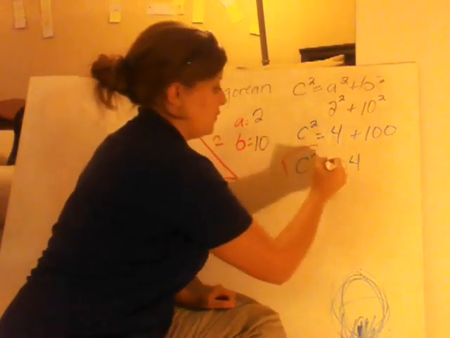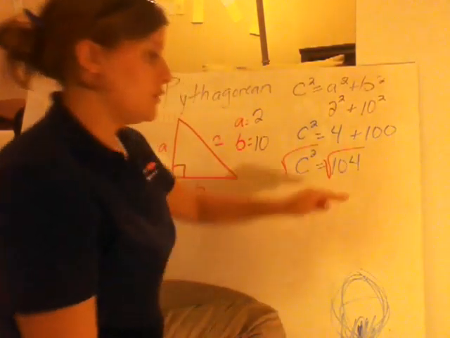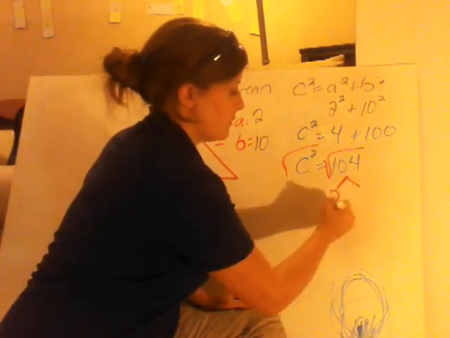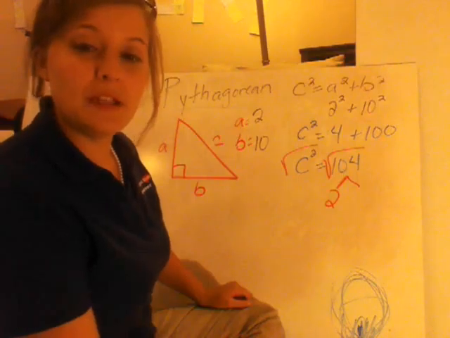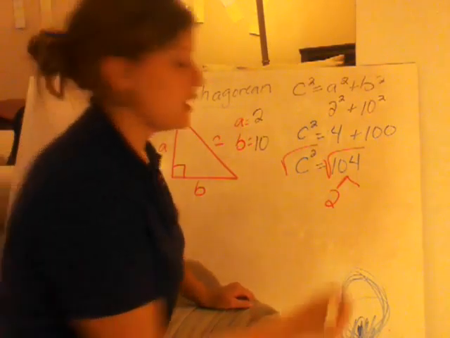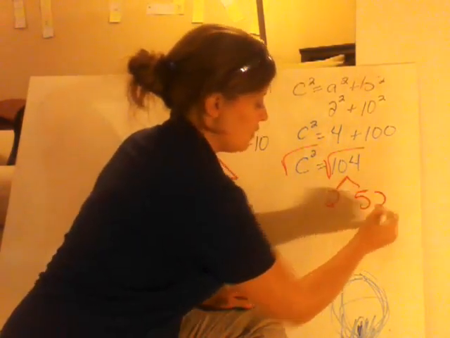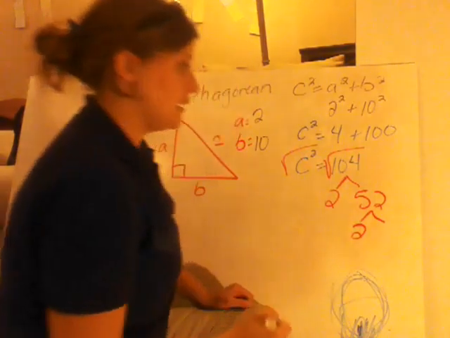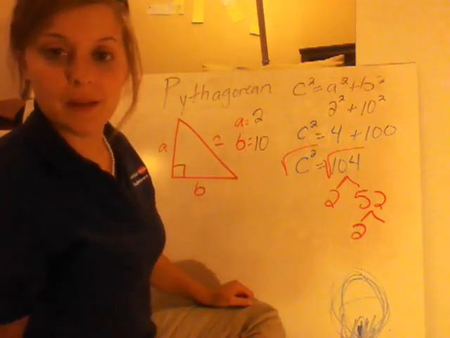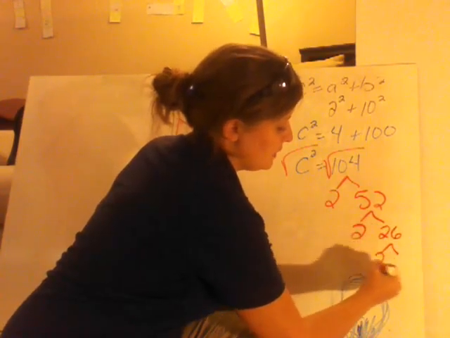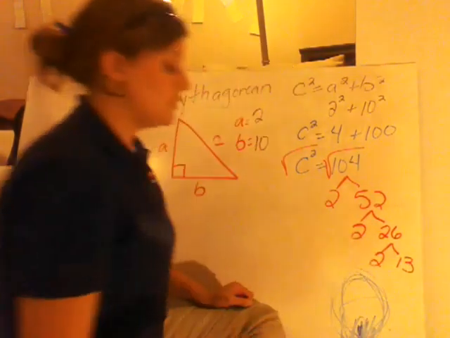I take the square root of both. 104, even number, so I can at least do 2. Well, I know 50 and 50 is 100, so I could probably say 52. Now 52 has a 2 in it, so I could break that down again, and it was 26. So that means I can break this down again to 2 times 13.